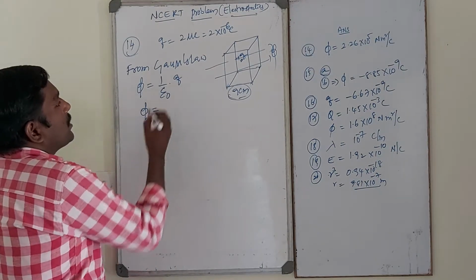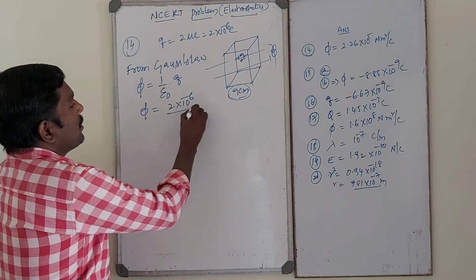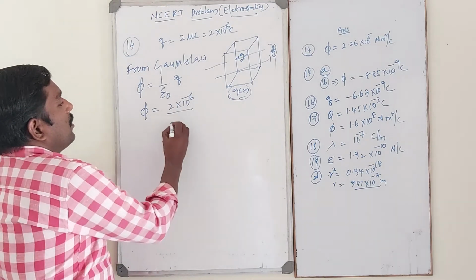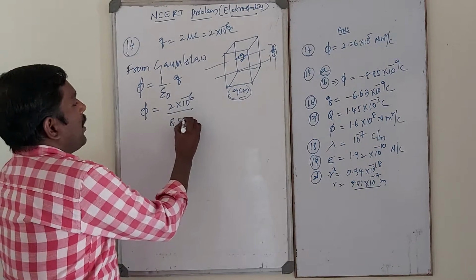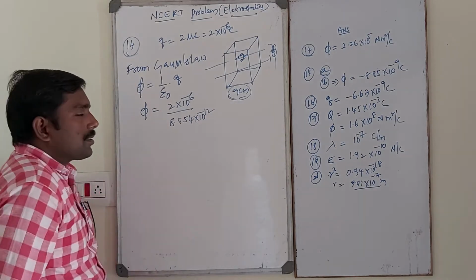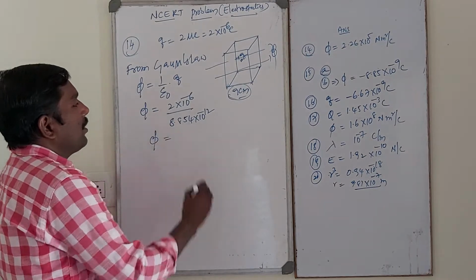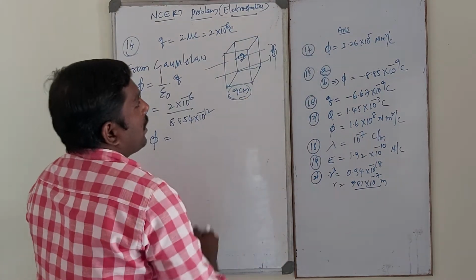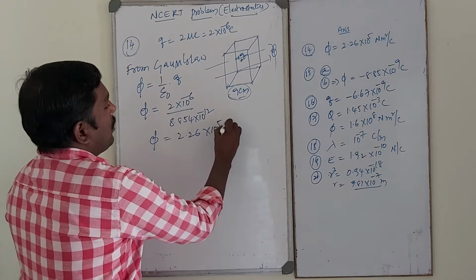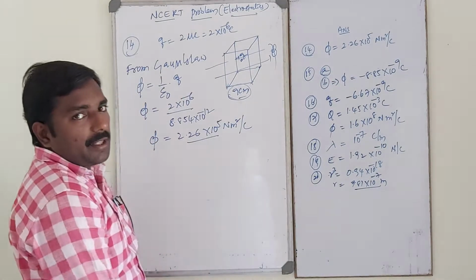The value of q is already given: 2 into 10 power minus 6 divided by epsilon naught, which is the constant value 8.854 into 10 power minus 12. Using a calculator, the final answer is 2.26 into 10 to the power 5 Newton meter square by Coulomb. This is the final answer.